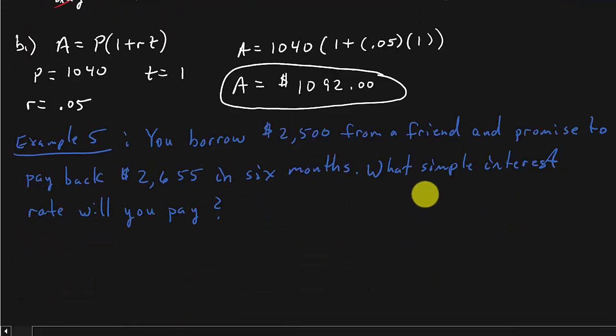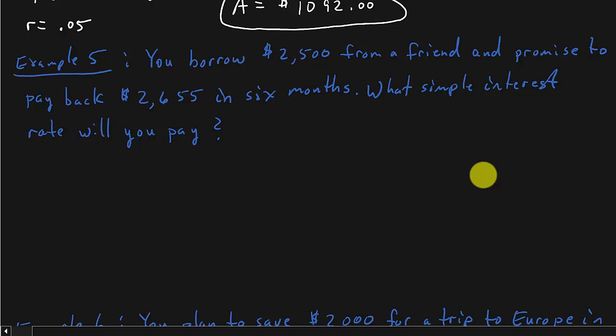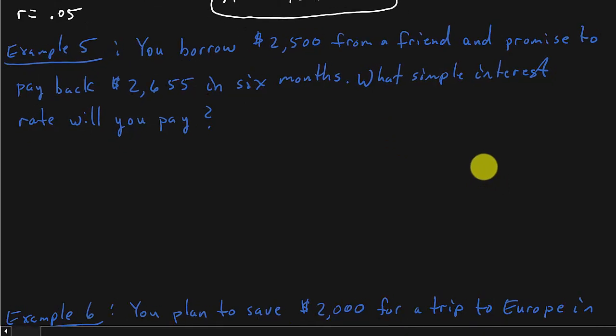All right, let's look at example 5. So it says you borrowed $2,500 from a friend and promised to pay back $2,655 in 6 months. What simple interest rate will you pay?